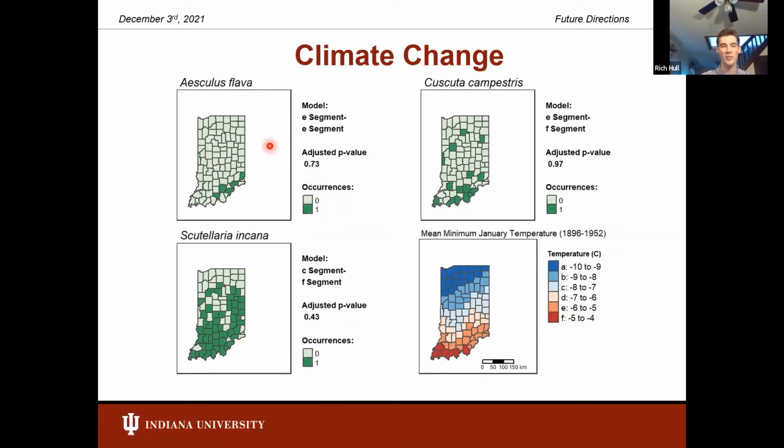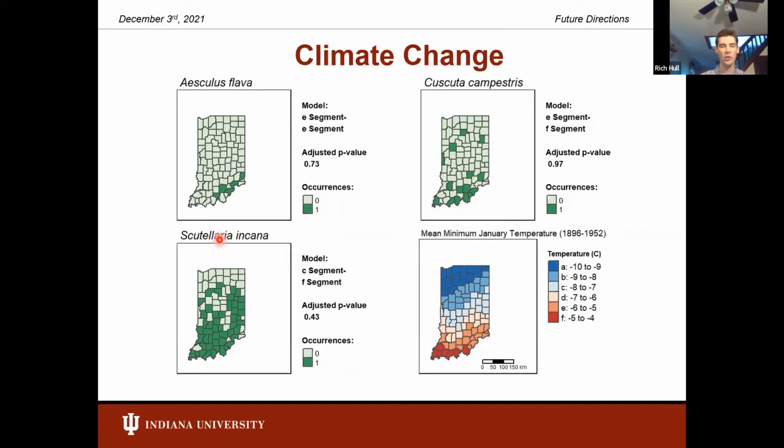So here's a buckeye species that occurs only in the next to the most southernmost segment in the state, the E segment. I have a dodder vine that occurs mainly in the two southern segments of the state and it has some seemingly random occurrences in the northern part.